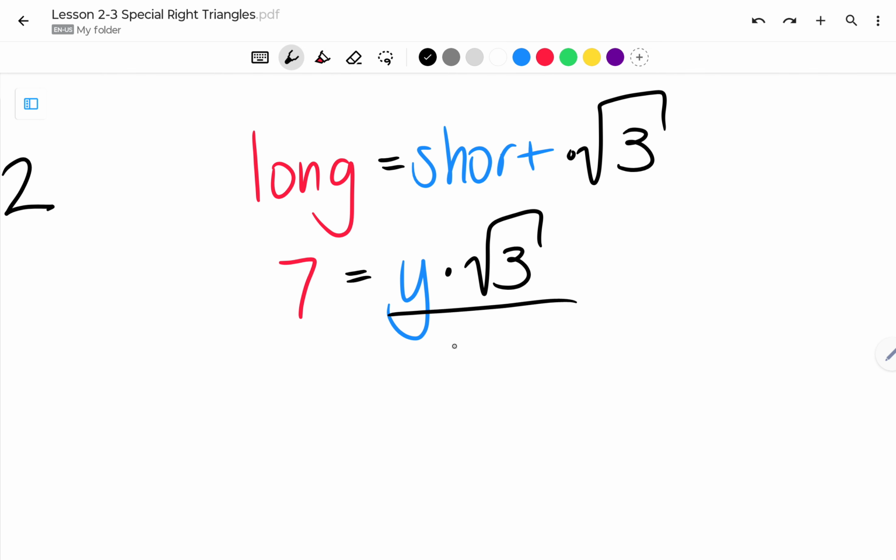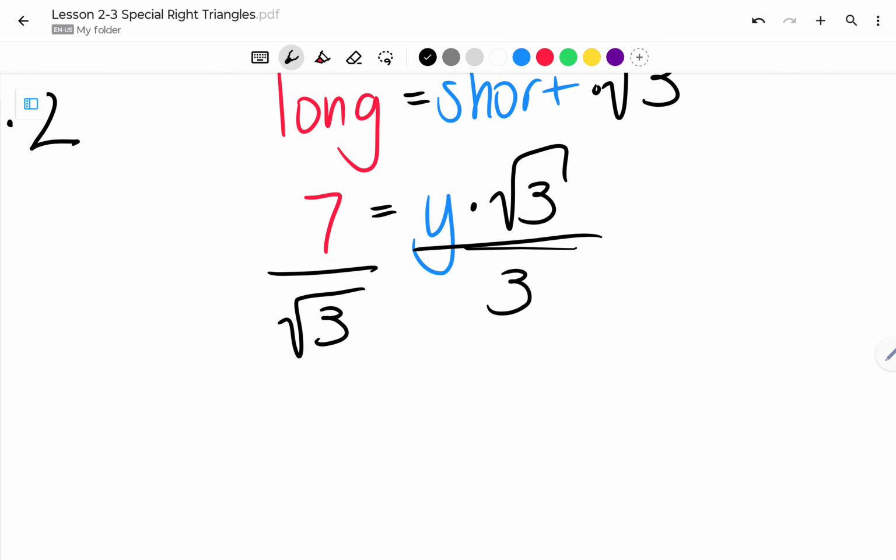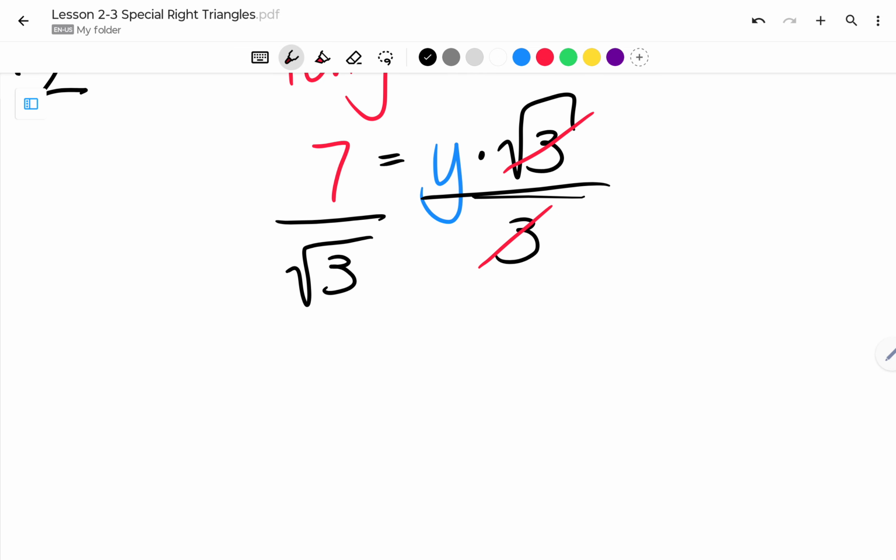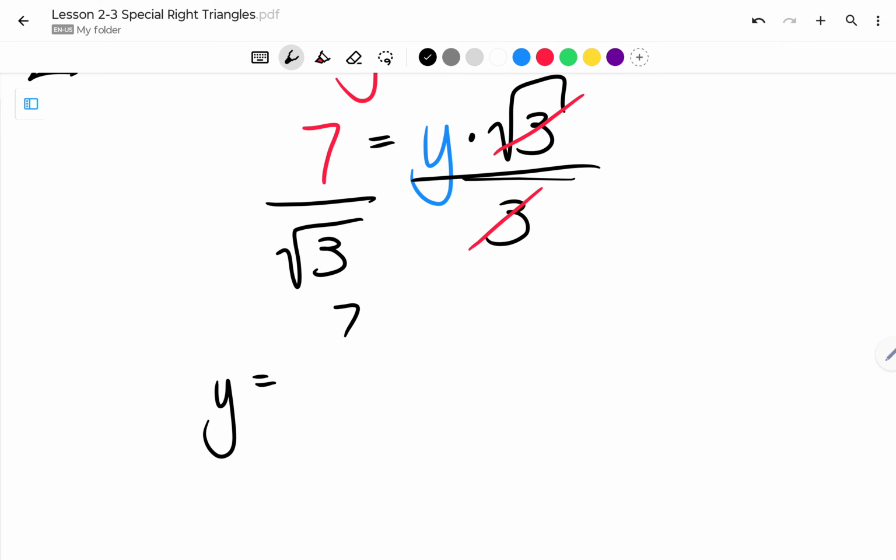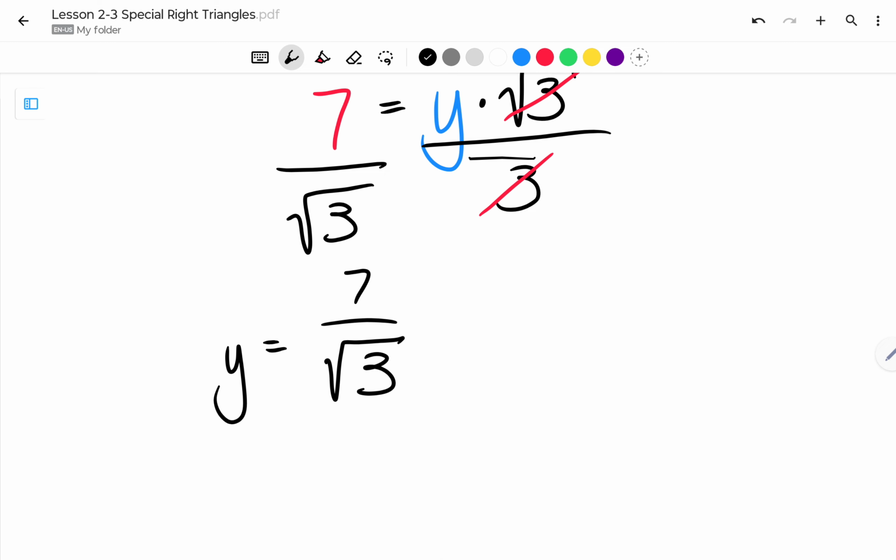The opposite of multiplying by square root of 3 is dividing by square root of 3. So let's go ahead and do that on both sides. Ultimately, this cancels out and this cancels out, right? I'm going to rewrite y on the left side because I want to work on the right side of this, okay? So now I have 7 over square root of 3.